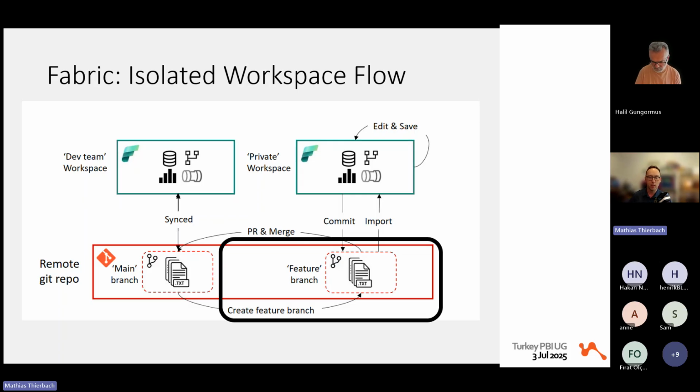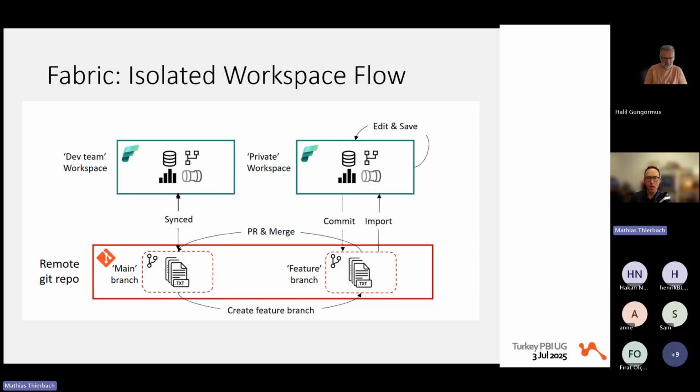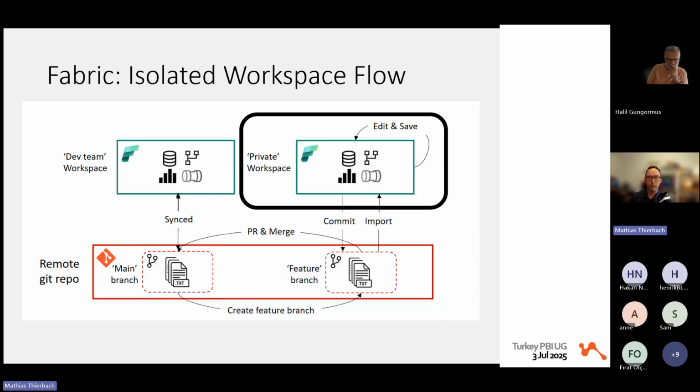For that, the idea is to actually create feature branches off main, where we basically have a safe, isolated space for experimentation and for changes. Those feature branches in Fabric Git integration specifically create private workspaces, which are linked to those branches, and which are meant for all development work.